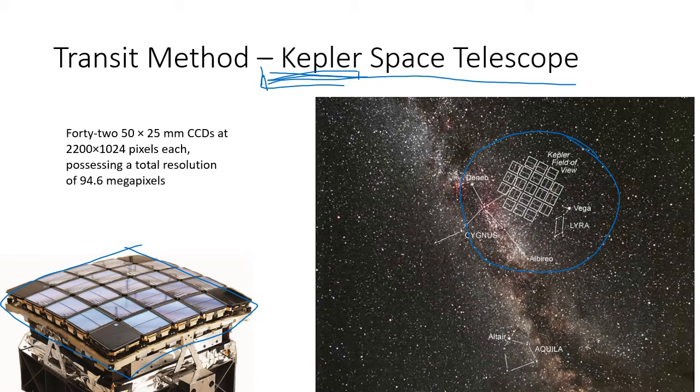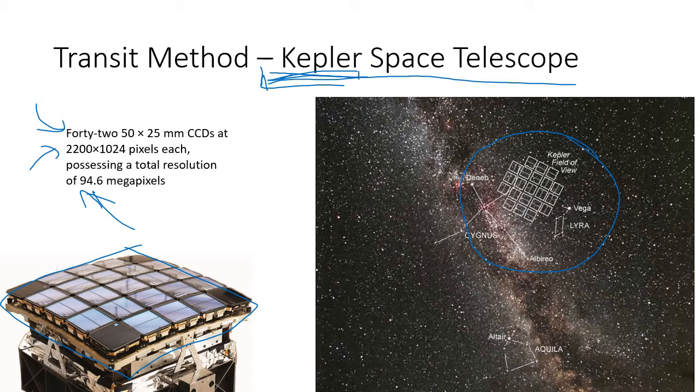And you can see that there are 42 CCDs, and each one is a couple of million pixels. And so the thing has over 90 megapixels, which at the time when Kepler was launched was absolutely huge. 2009, I think, Kepler was launched.